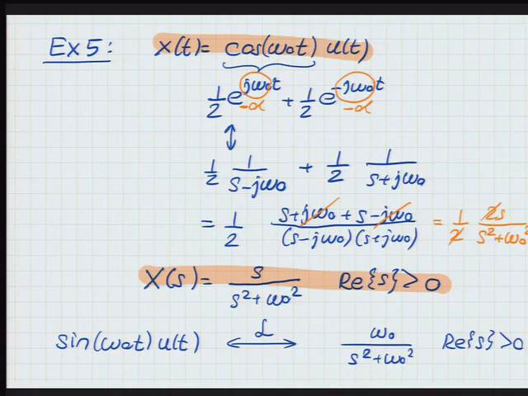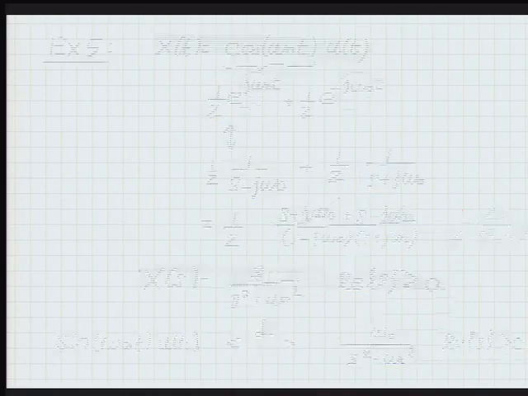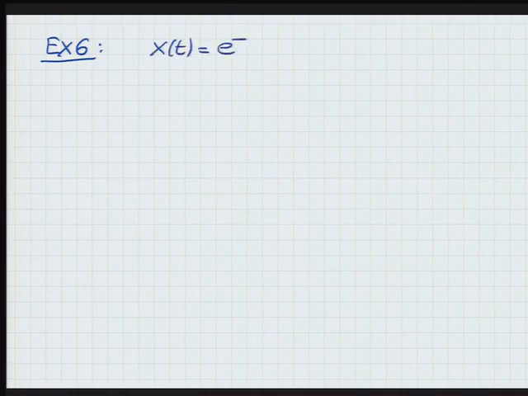All right, one more example, and then I'll give you a short break. This example is actually a simple continuation of the last one, where we had cosine. Now we're going to look at x of t equals e to the negative at times cosine omega naught t times u of t.